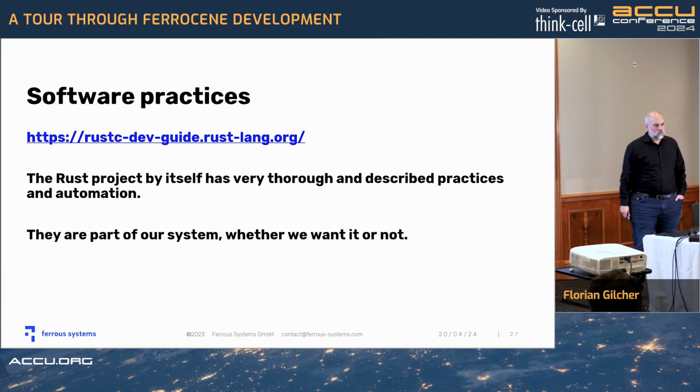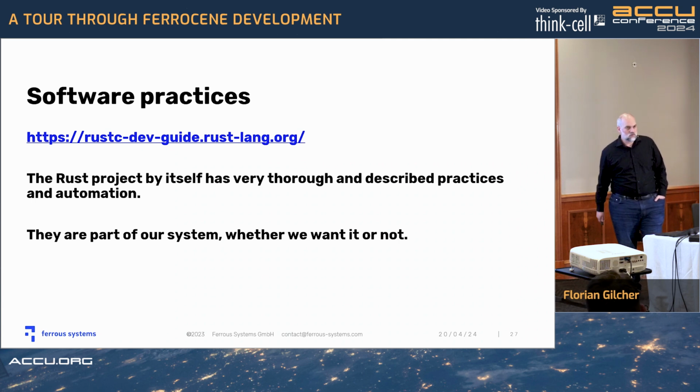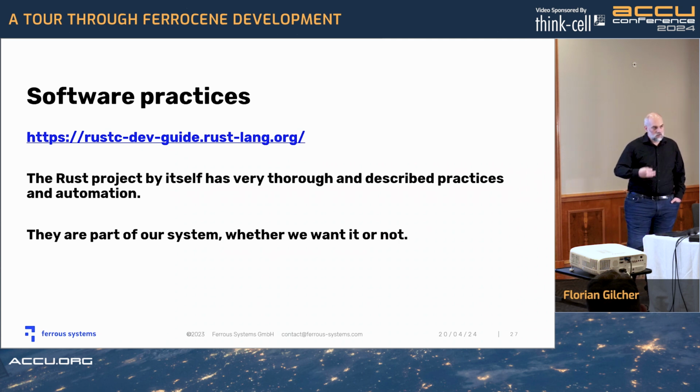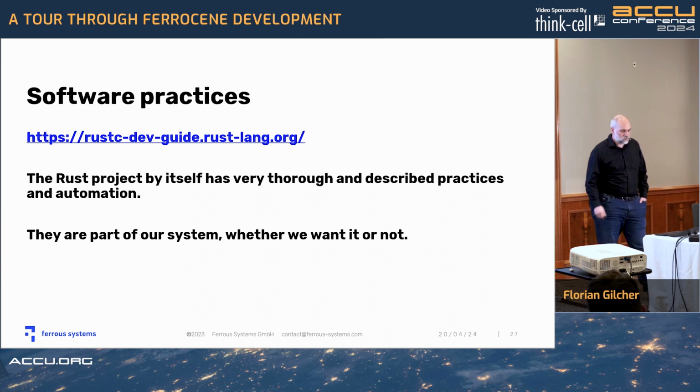This is also not uncommon. GCC and Clang are used in safety quite a bit, and every piece of safety material I've seen on them goes precisely the same way and has a section on how LLVM is developed, and how this is a problem or a blessing for us. But particularly the Rust project by itself has thorough and described practices of automation, and we need to keep them in mind.